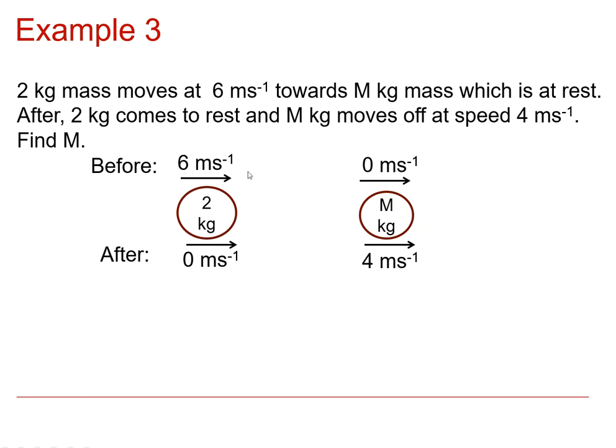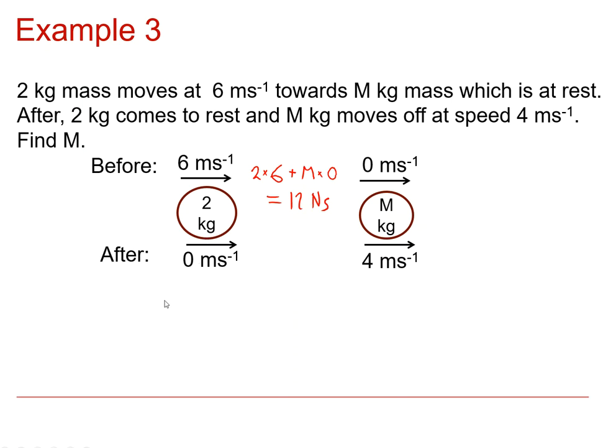Now, obviously this one is 2 kilograms times 6, so it's got an initial momentum of 2 times 6, and then plus the initial momentum of this, which is m times 0. So that is 12 Newton seconds, the initial momentum.